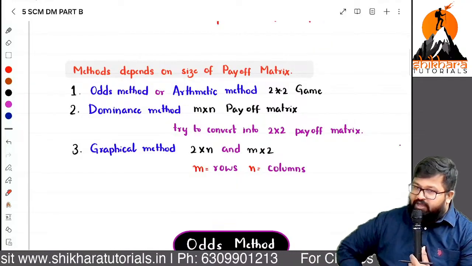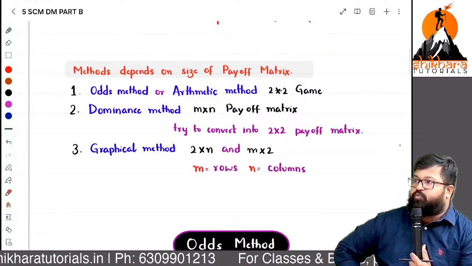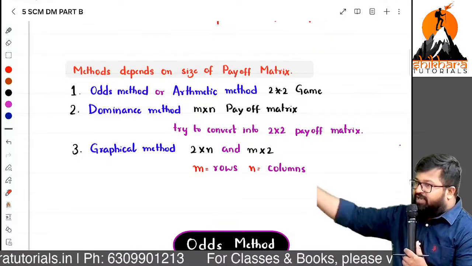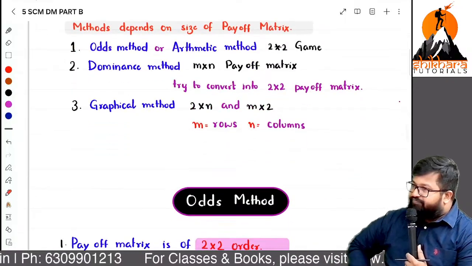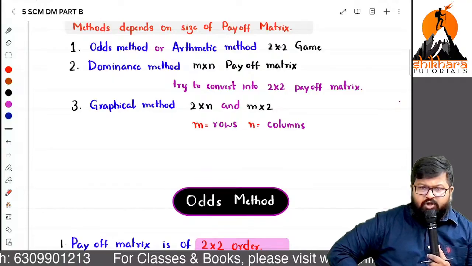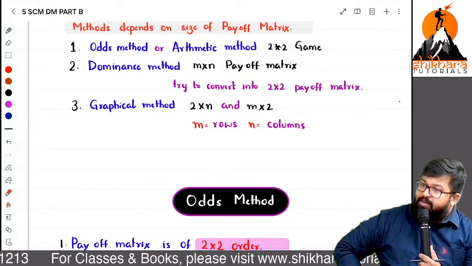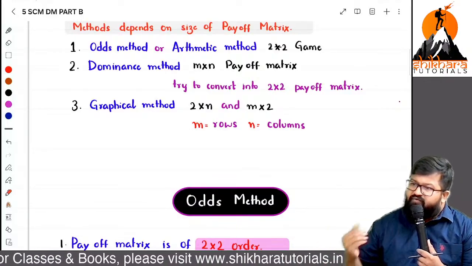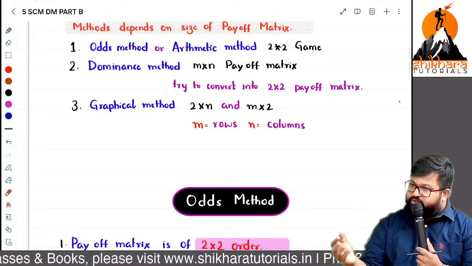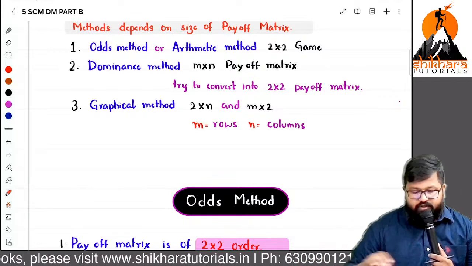I will clearly explain that point when we get to that explanation. What is the last method? The graphical method. The order of the matrix there is either 2 by n or m by 2. If that order is mentioned, then automatically we go with either the dominance rule if possible, or the graphical method. Am I clear? Okay.